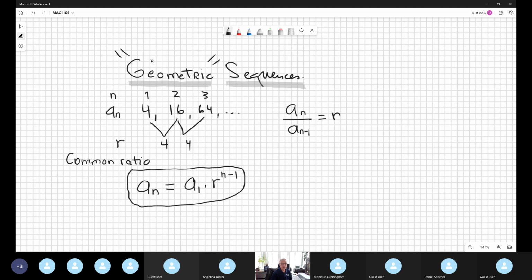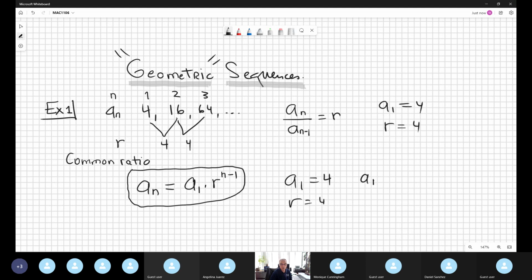However, in our specific example 1, a sub 1 is 4, and the common ratio is, by coincidence, 4. It doesn't always happen, but in this case it does. So r is 4.